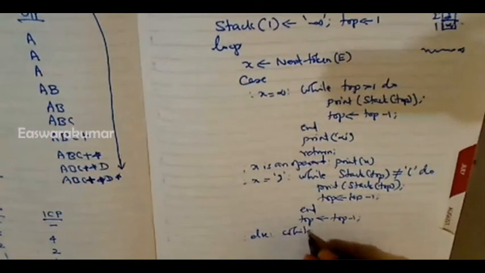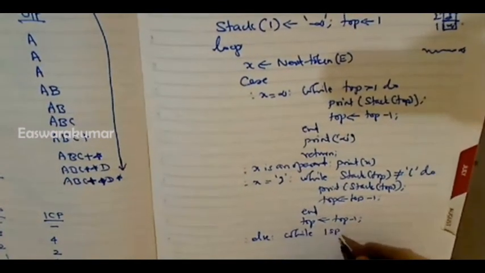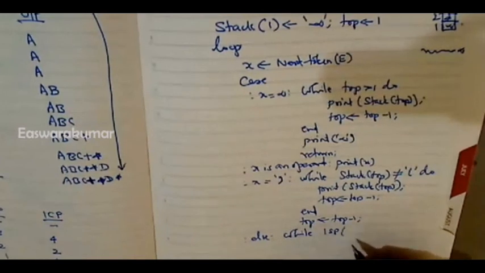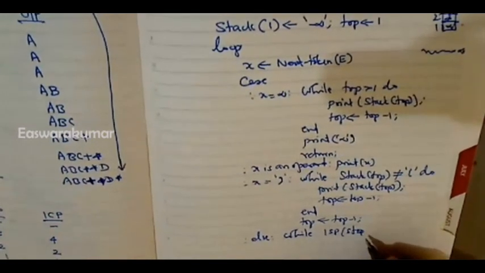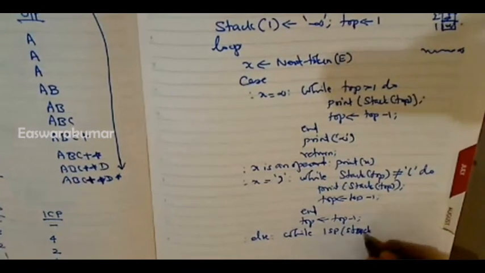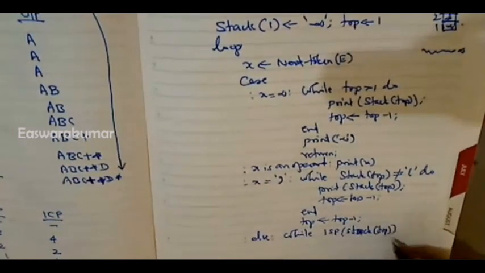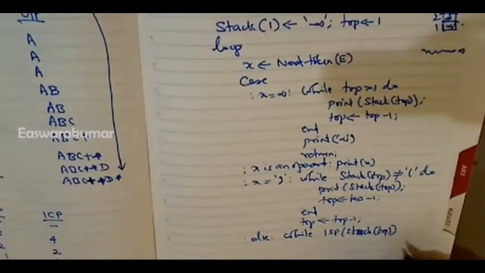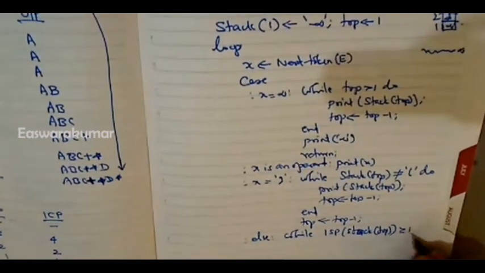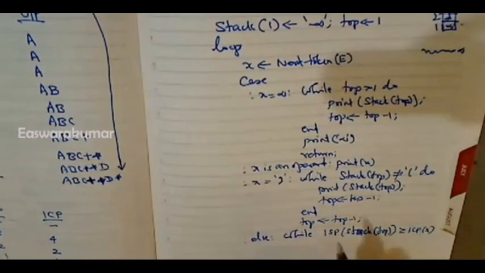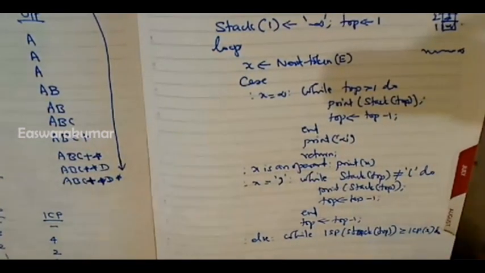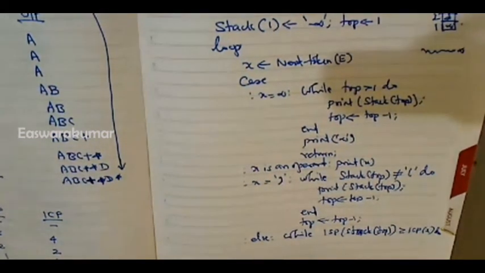What we are doing is: while in-stack priority, for whatever is in the stack, the in-stack priority of the topmost element, stack of top, is greater than or equal to the incoming priority of x, the next token, the operator we read. If the in-stack priority of the topmost element of the stack is greater, then that will be removed and written to the output. Otherwise, we will insert that, right?